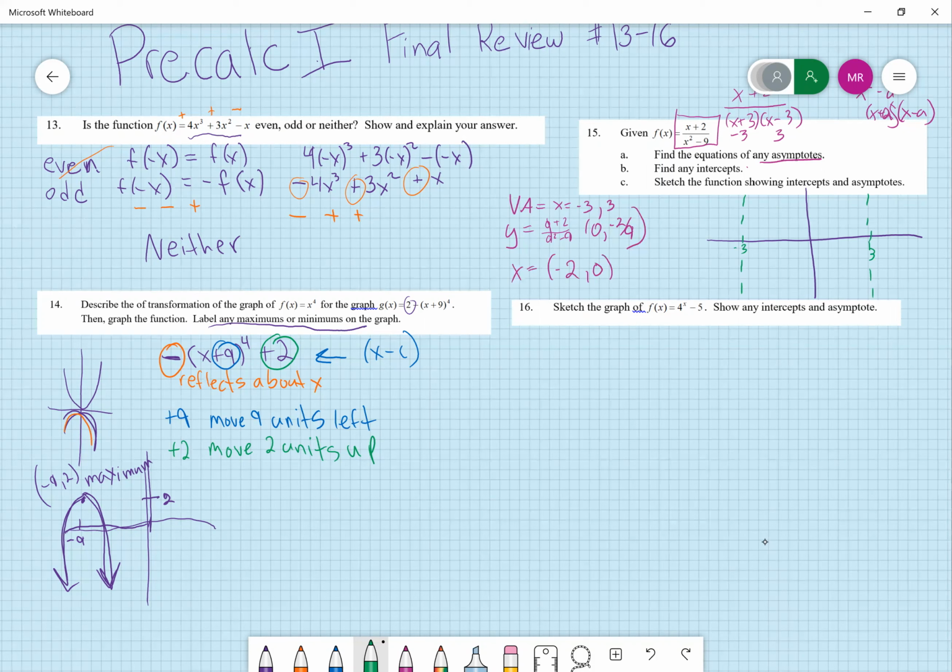And we've got an intercept at (-2, 0), and -2/9 is not even -9/9, so it's just below the x-axis. So this is -2, and this is 2.